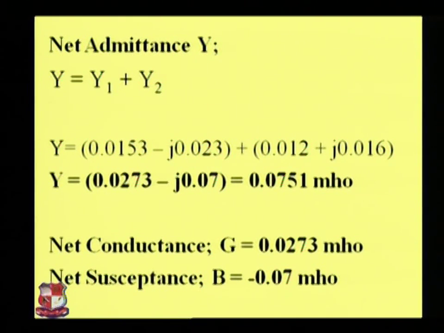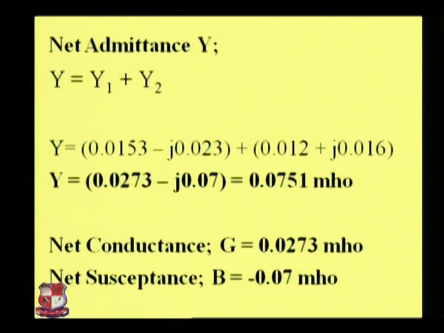So y equals y1 plus y2, that is 0.0153 minus j0.023 plus 0.012 plus j0.016. Here is how we collect the net admittance: we take the summation of the first values, 0.0153 plus 0.012, and the net summation of the j parts, 0.023 and 0.016.